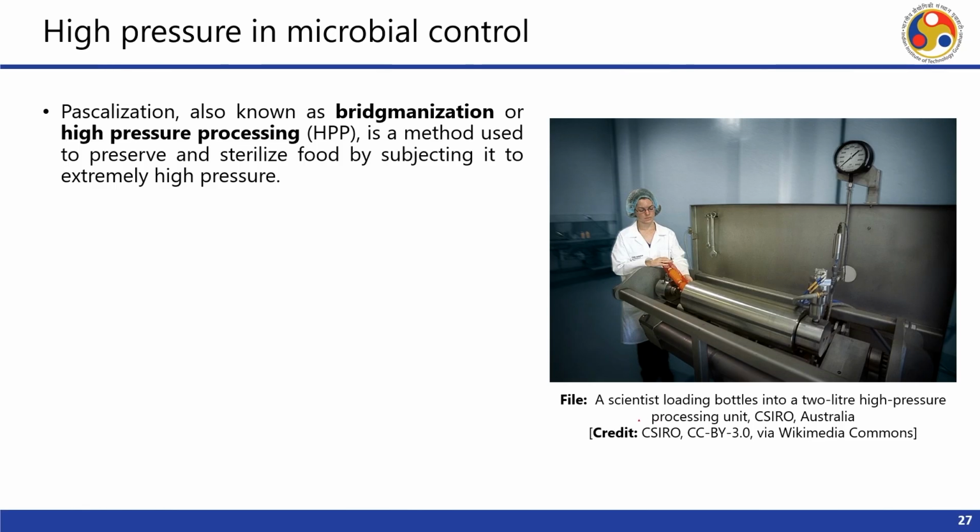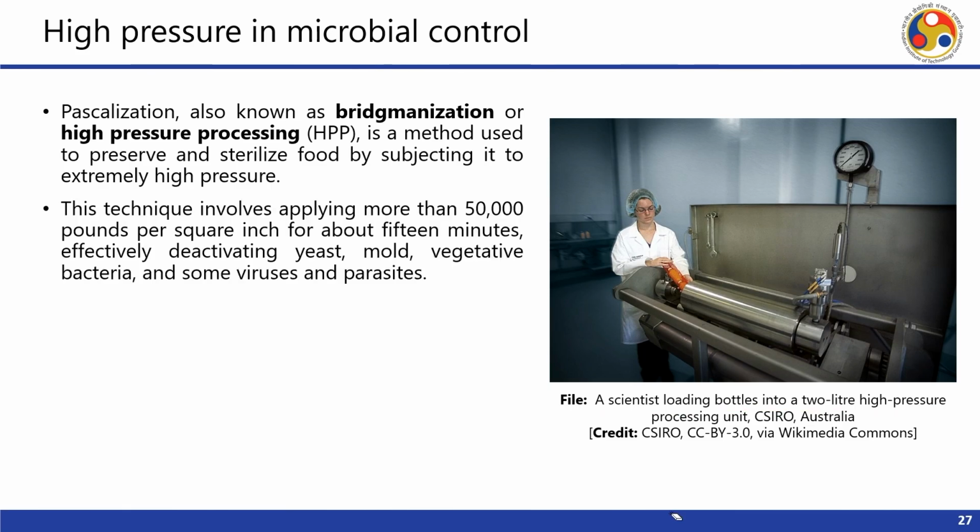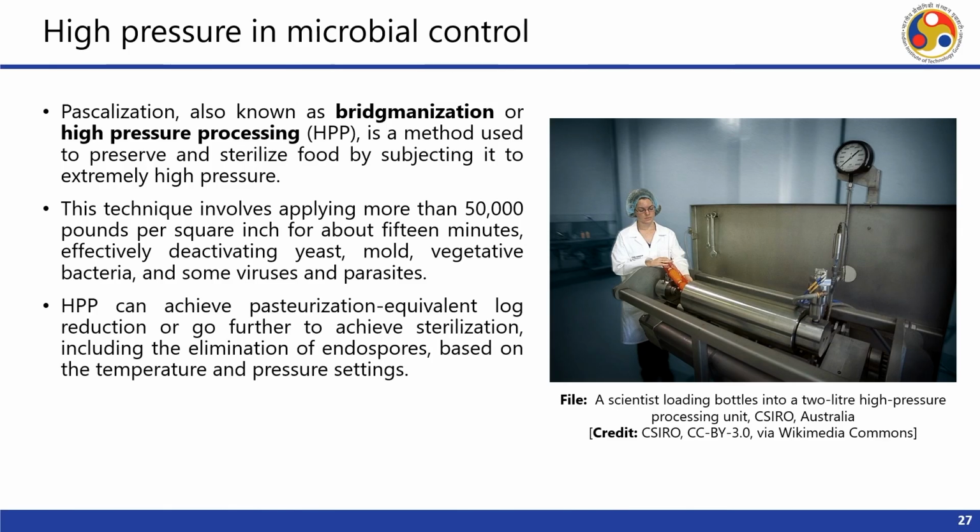In this picture you can see a researcher loading bottles into a 2-liter high pressure processing unit in a laboratory in Australia. This technique involves applying more than 50,000 pounds per square inch for about 15 minutes, effectively deactivating yeast, mold, vegetative bacteria and some viruses and parasites.